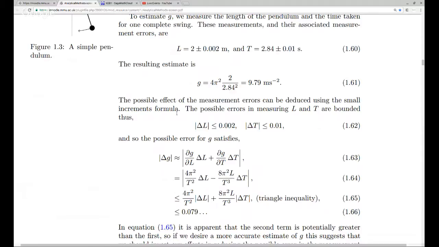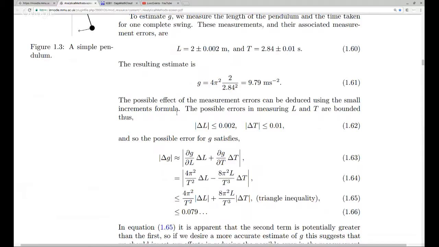So then you can evaluate everything. The partial derivatives depend on L and T, and they get evaluated at the base point, 2 and 2.84. Those are our declared values for the measurement. Then these quantities, delta L and delta T, well, we know they're no bigger than 2 thousandths and 1/100.